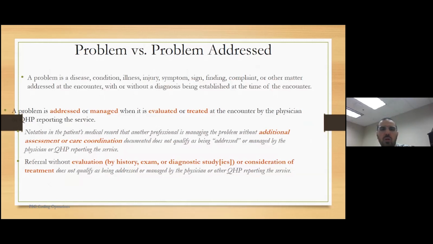Now, if you are not addressing it and just listing it for the sake of completion, you are not going to get a point for it. So if the patient has AFib and you say it's managed by the cardiologist, or the patient has depression managed by psychiatrists, and you're not doing anything further for that, you're not going to get paid for that.